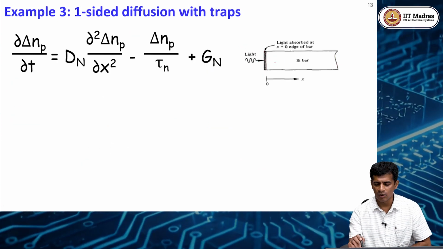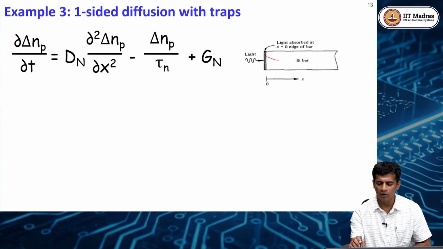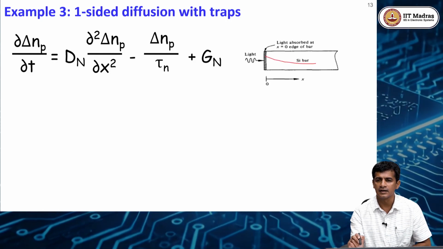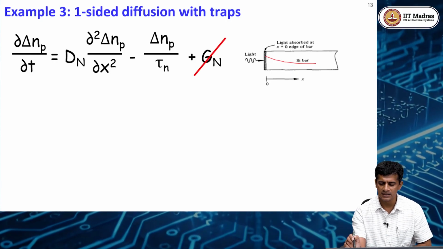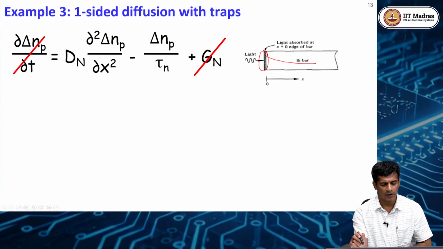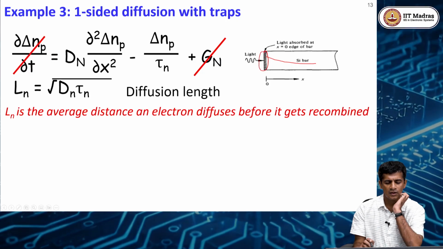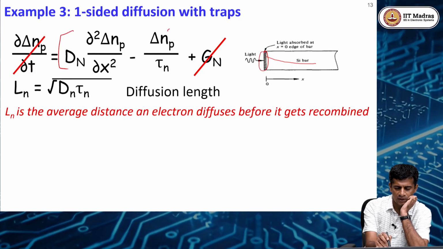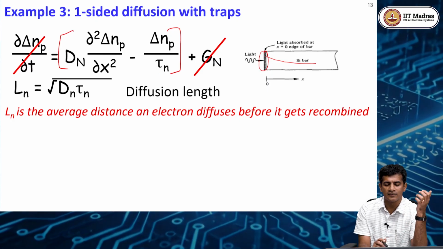In this case, if there are traps here, electrons will undergo recombination in their journey to the right hand side. Also, there is no generation inside this device; all the generation is happening at this boundary. When it reaches steady state, again you can put the left side equal to 0, so you have only these two terms. It is like a second order differential equation.